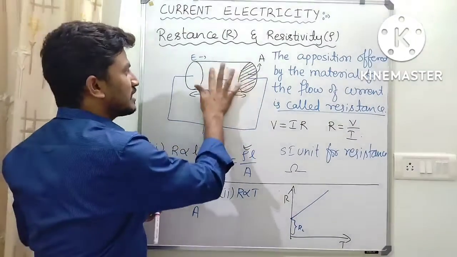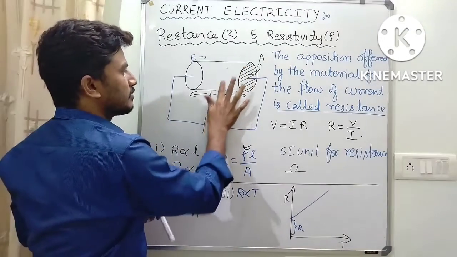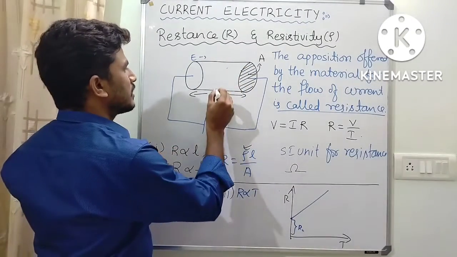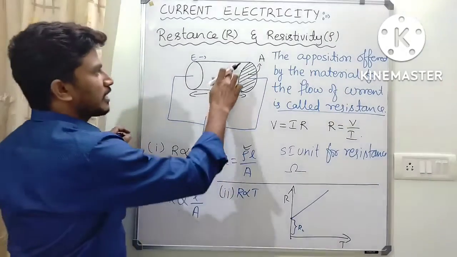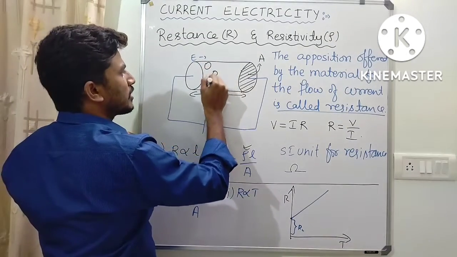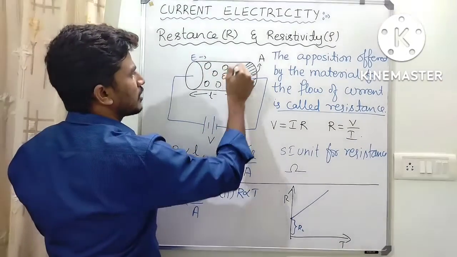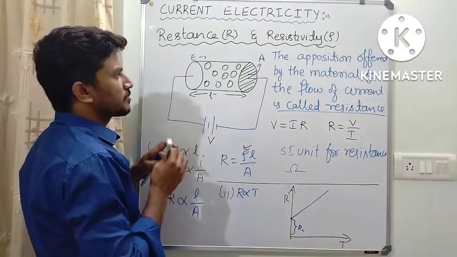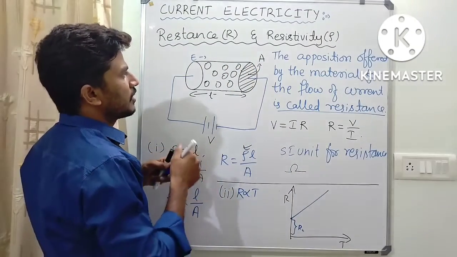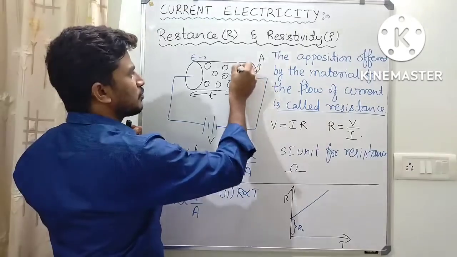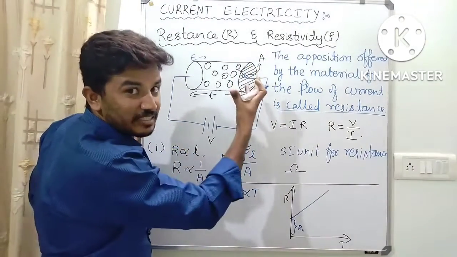If you increase the temperature of this material, we already know this consists of a large quantity of molecules or atoms, or different substances if you can consider. Inside this we have electrons which are moving. If you increase heat, what happens?